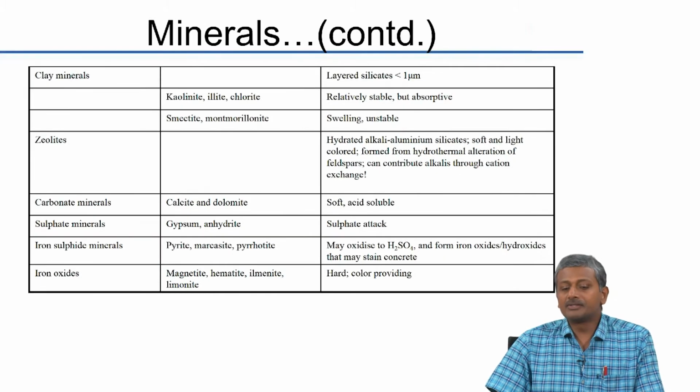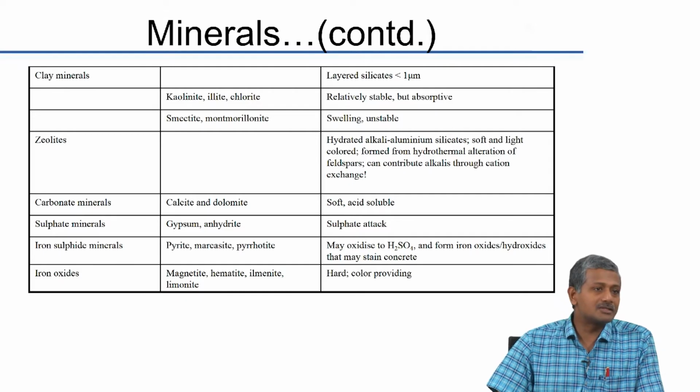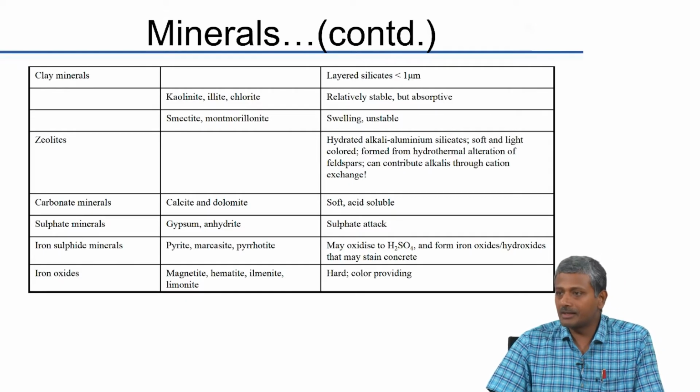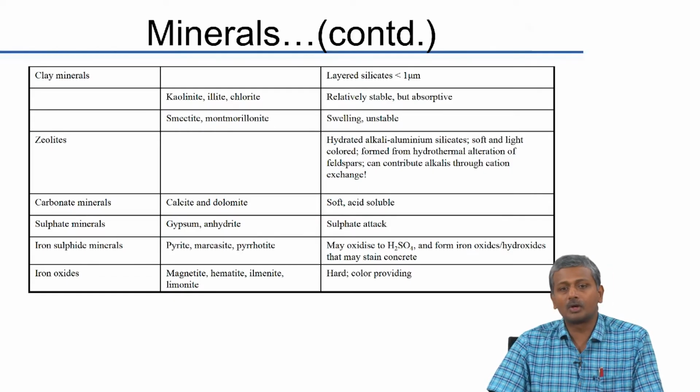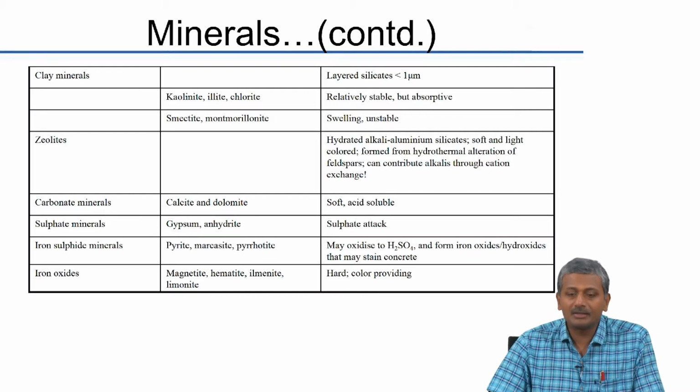You also have clay minerals, which are basically layered silicates, extremely fine layered silicates. Clay minerals are extremely fine, of course, you know that, less than 1 micron in size. The typical clay minerals include kaolinite, illite and chlorite. These are quite stable, but they could absorb to a large extent a lot of water. Kaolinite does not, but illite and chlorite are known to absorb some moisture.